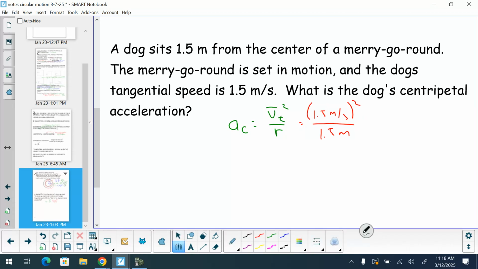I've done this really nicely for us. Really don't need a calculator, because I could cancel out one of my 1.5 meters. So it should come down to 1.5 meters per second squared. Easy peasy.